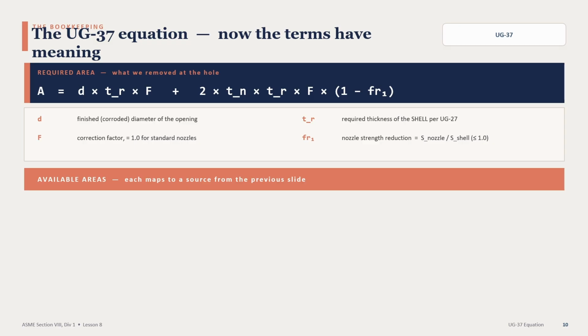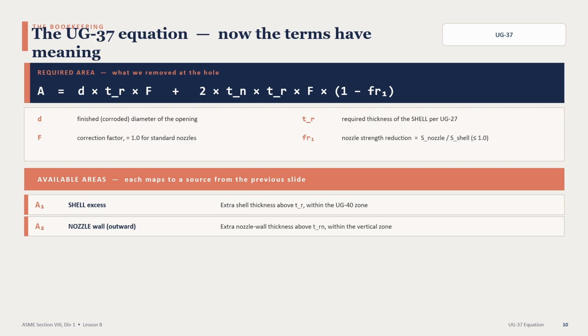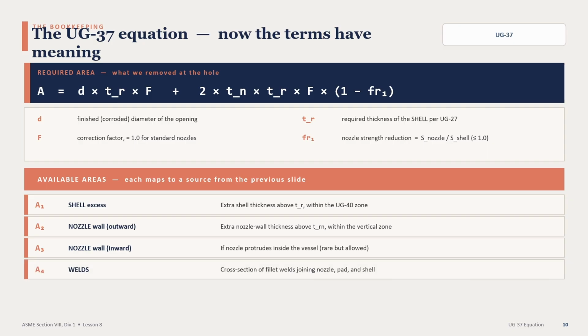Now the available areas, and every symbol here maps directly back to the sources we just looked at. A1 is the shell excess. A2 is the nozzle wall outward. A3 is the nozzle wall inward when it exists.